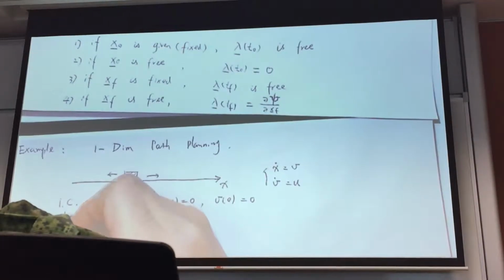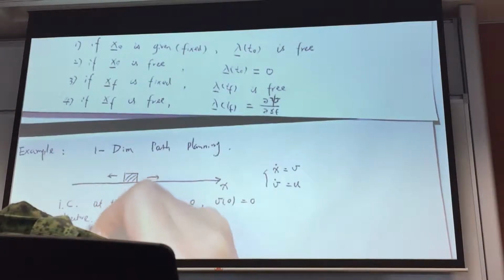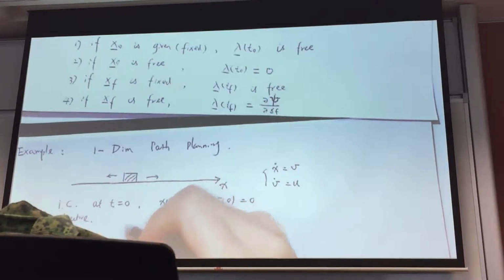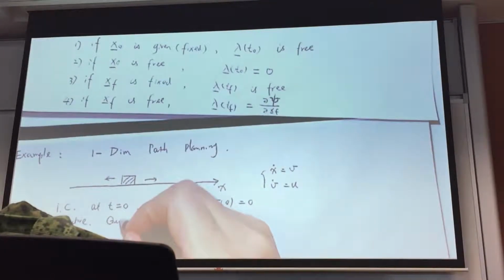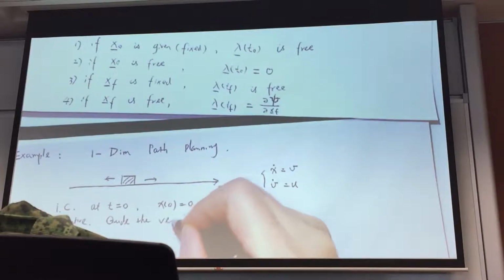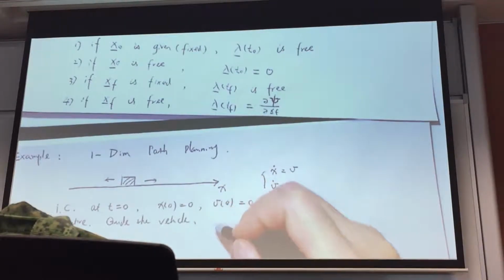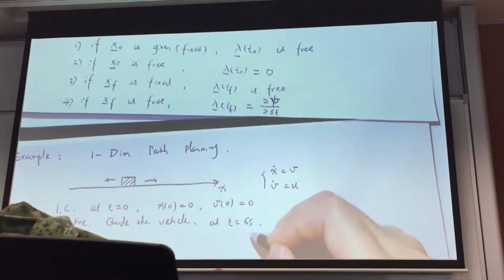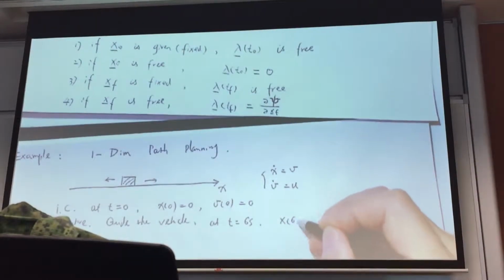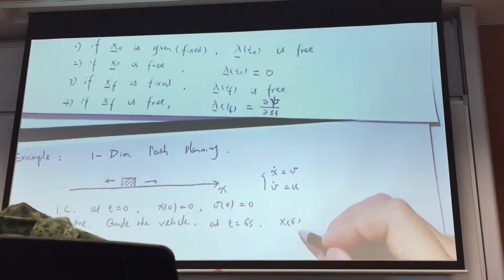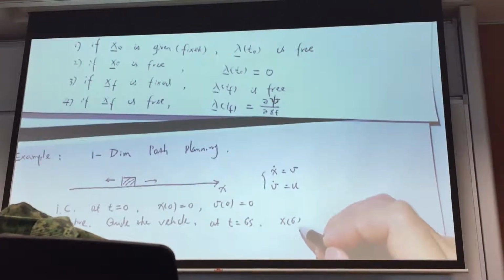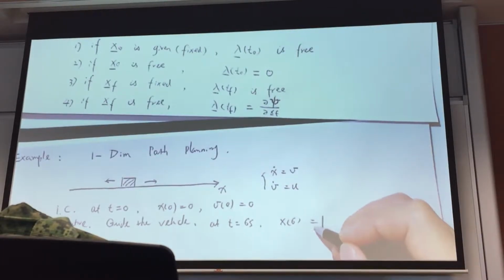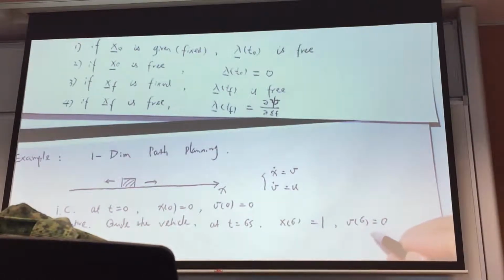We also define the objective. Remember we defined the objective. The objective is to guide the vehicle so that at time equal to 6 seconds, the location of the vehicle will be 1, and the velocity will be 0. So it will be static.